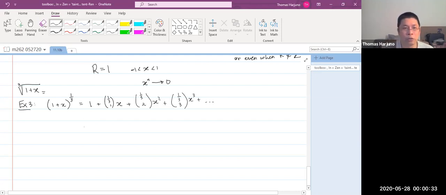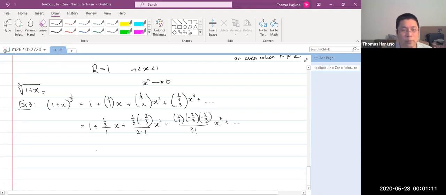Okay, now 1/3 choose 1 is 1/3 over 1. 1/3 choose 2 is 1/3 times 1 less than 1/3, negative 2/3, over 2 factorial. 1/3 choose 3 is 1/3 times negative 2/3 times negative 5/3 over 3 factorial, x cubed and on.